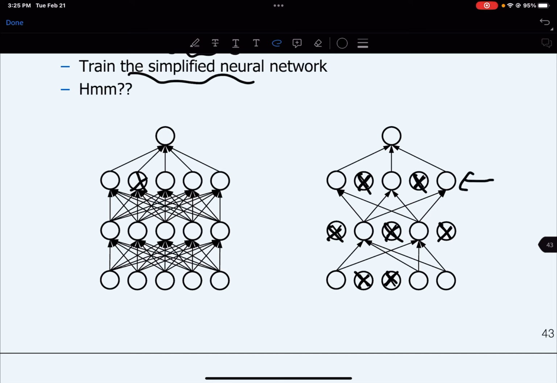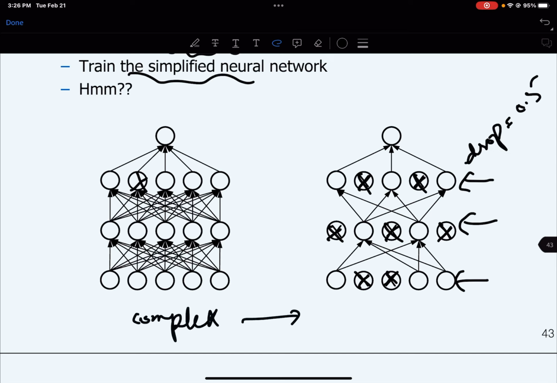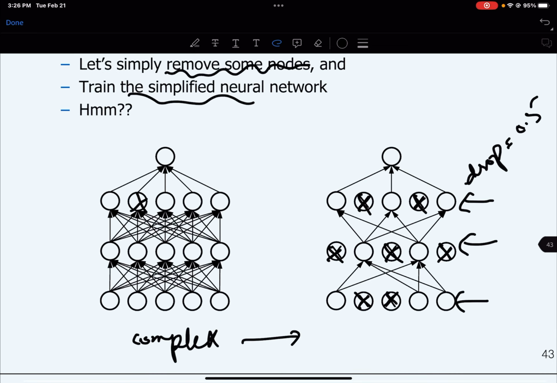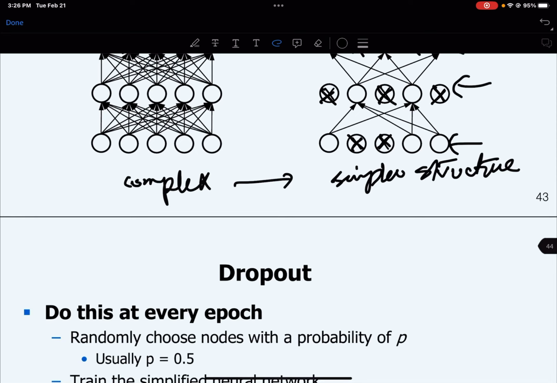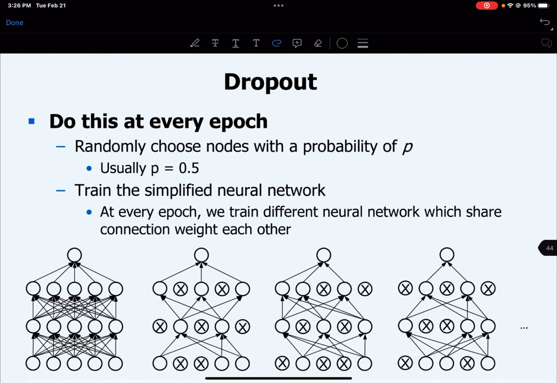From each layer, we are adding a dropout value of 0.5, for example. We are setting like 50% of the nodes, they will not be considered, they will not be fired. So this is a complex network, and we have transformed that into a relatively simpler structure. That's the target of your dropout.